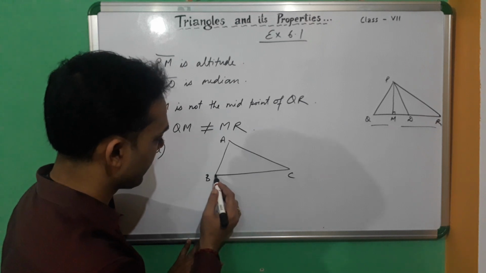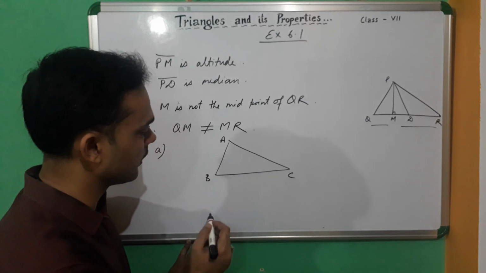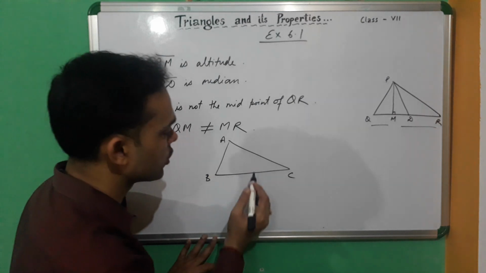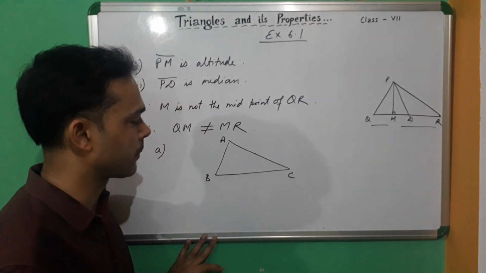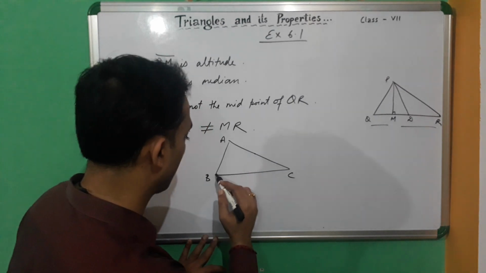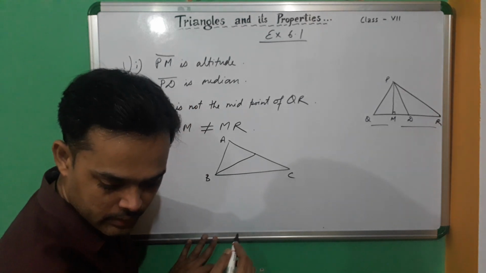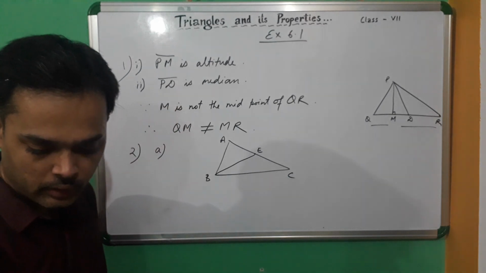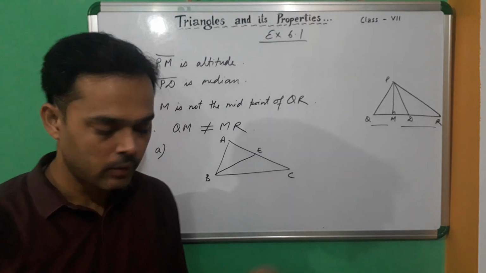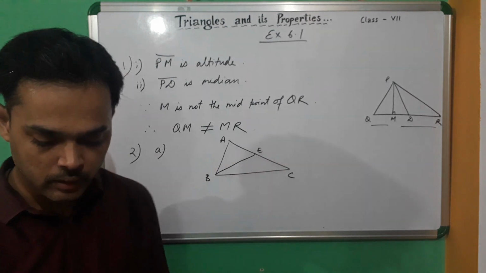This is B, and opposite side of this angle B is AC. So you will take a midpoint of AC. I have taken a midpoint of AC, and then I will join B with that midpoint, and this is E. Okay, so in this way we have drawn a rough sketch where in a triangle ABC, BE is a median.